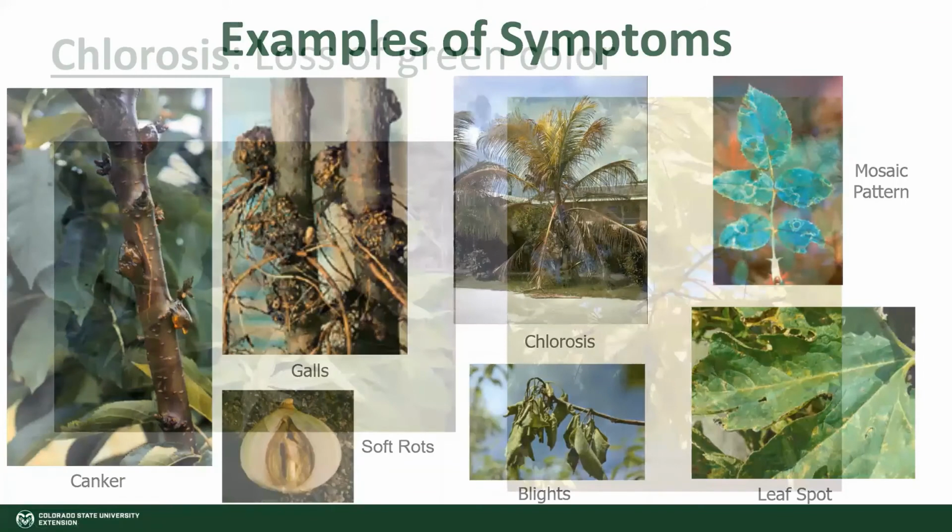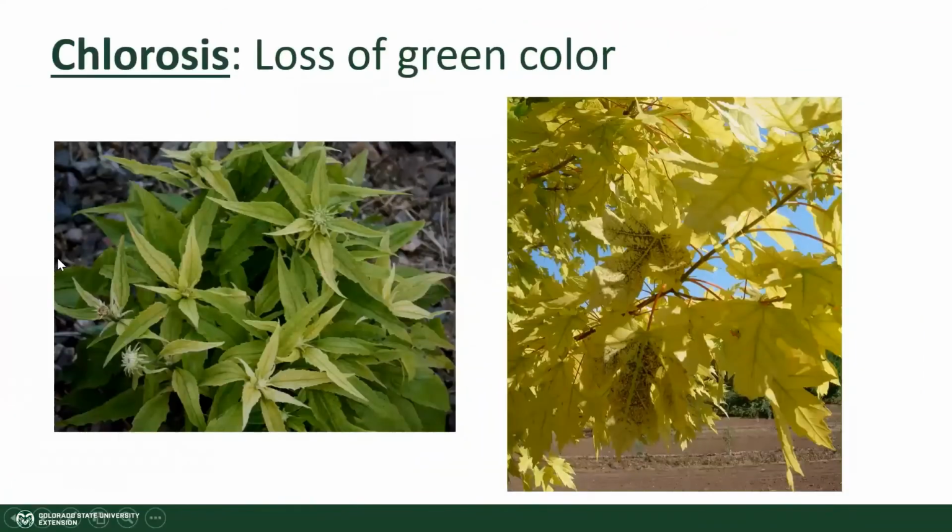The first one is chlorosis, and chlorosis is basically the loss of the green color. We know that plants have chlorophyll, and that's what gives the green color to the plant. So when the plants start losing that chlorophyll, they will either turn yellow or only along the veins, like I'm showing you here in this picture. But chlorosis is losing the green color in the plant.